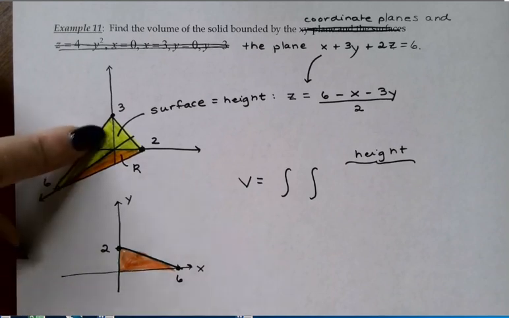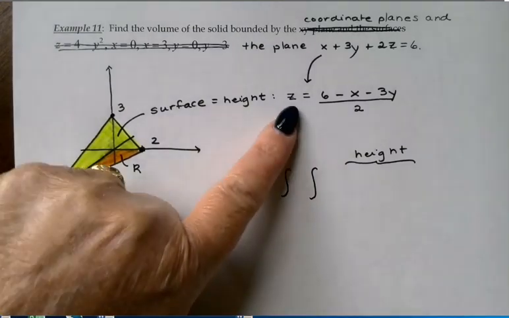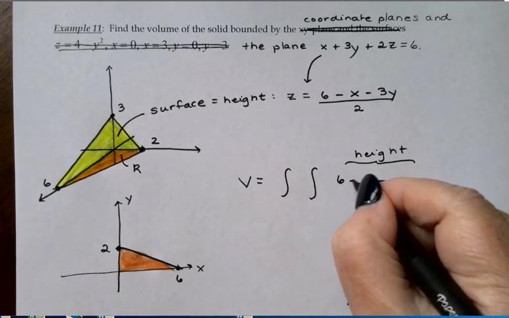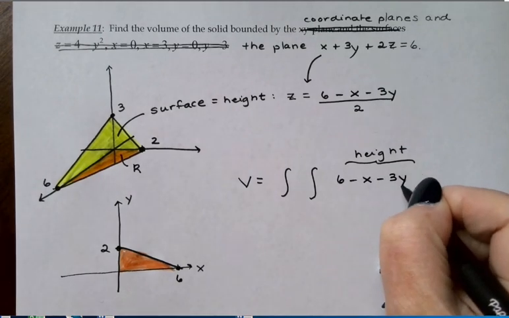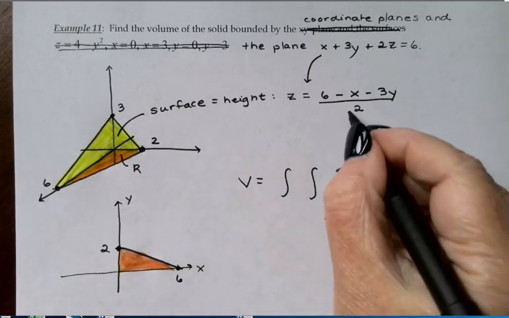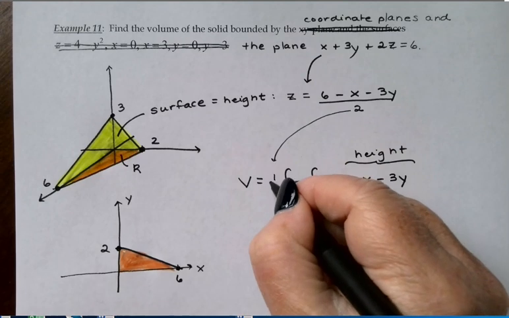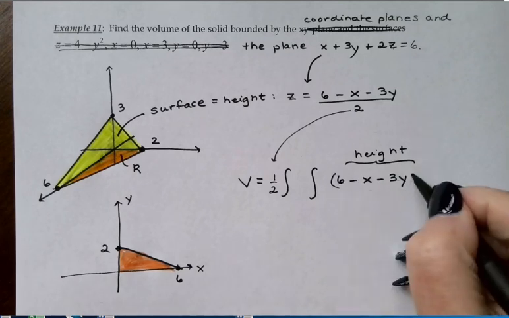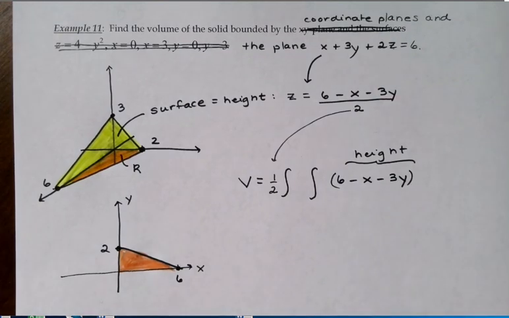And the height function, the slanted surface here, we've already solved it for z, so we know the height is 6 minus x minus 3y, technically divided by 2, but if it's okay with you guys, I'm actually going to take that divided by 2 and pull a multiplier of 1/2 out in front, just because I don't like to muddy up my whole integral with fractions all over the place.